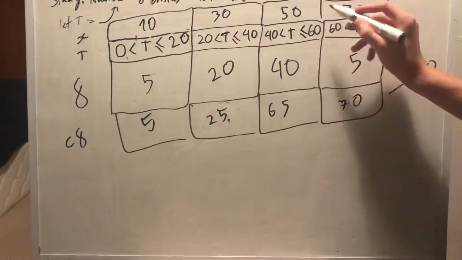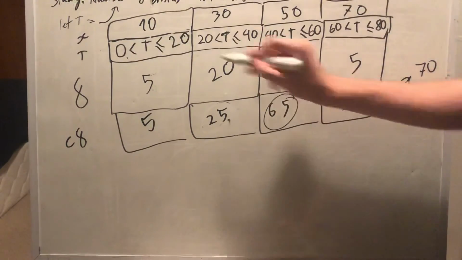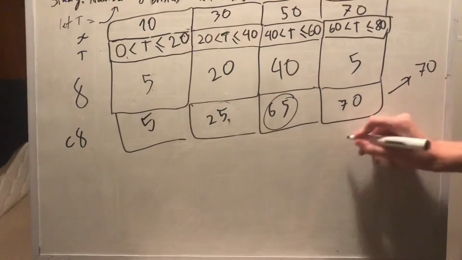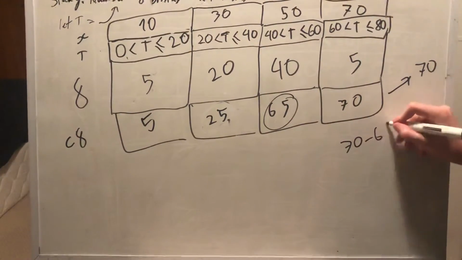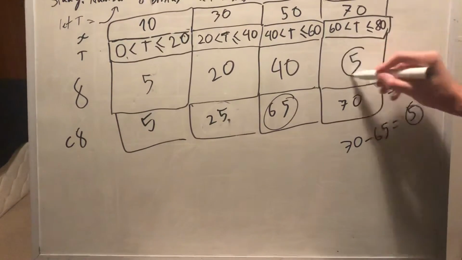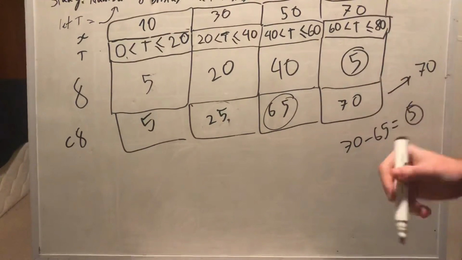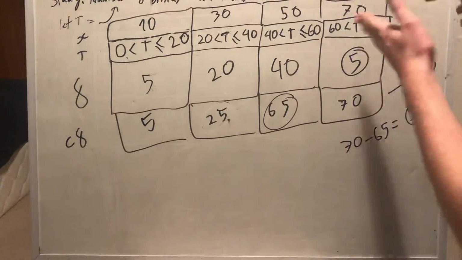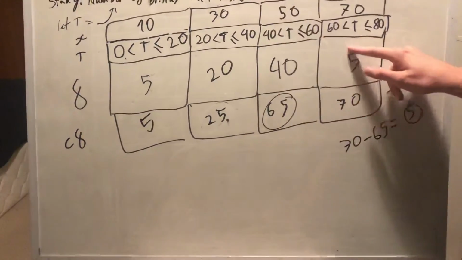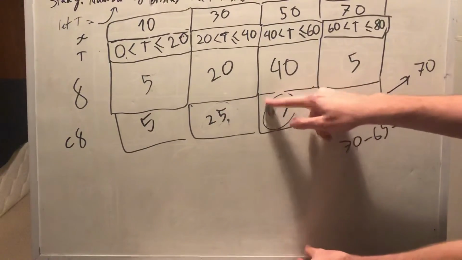Then I know that 65 have less than or equal to 60, and I'm looking for greater than. So I just take the 70, subtract 65, that gives me 5. And that's how many have greater than 60 bristles.